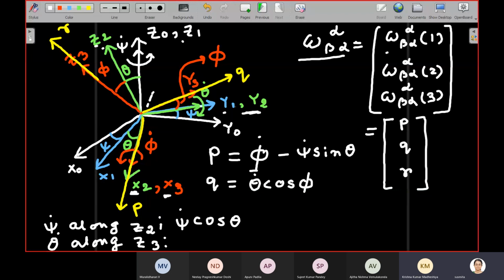Now theta dot is along y2, correct? y2 is perpendicular to x2. x2 and x3 are the same, correct? So one component will be along y3, another component will be along z3, right? Yes or no? Yes, ma'am. And that will be along negative Z3. So we write here.